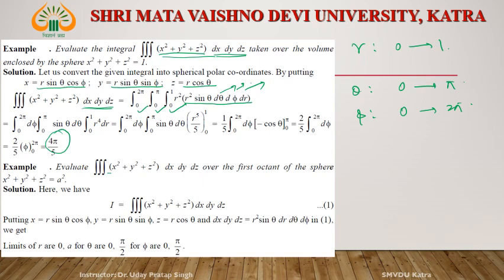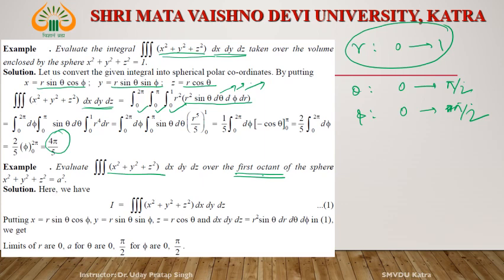In the same way we can solve this, but it is written as the first octant, right? Just like the first quadrant in two dimensions, the first octant in three dimensions. If the first octant is given, then the r limit is the same, but the theta and phi limits change to 0 to pi by 2 and 0 to pi by 2.